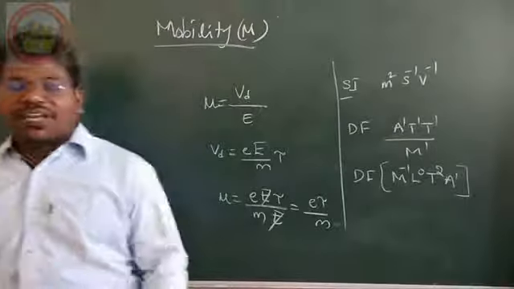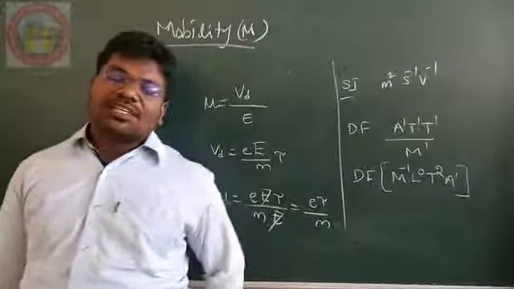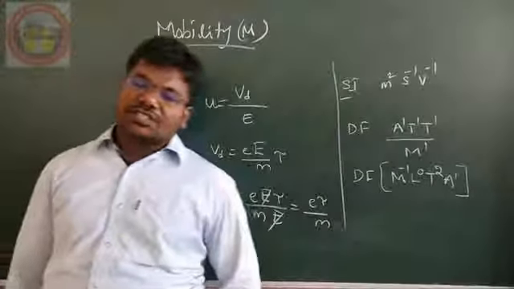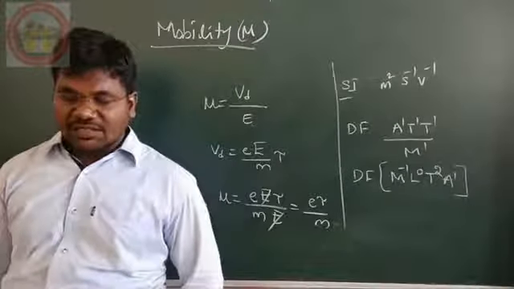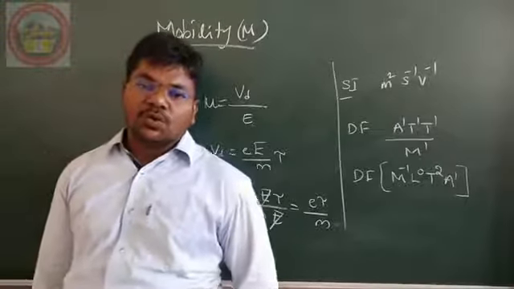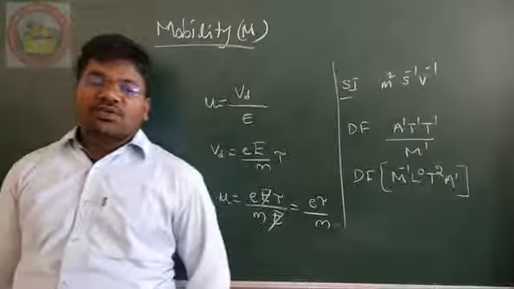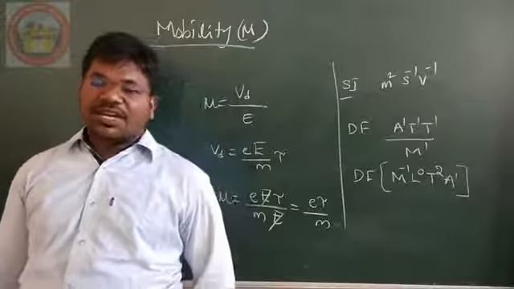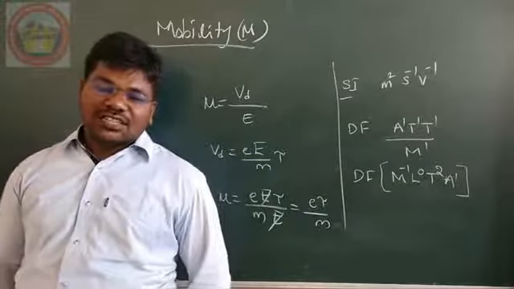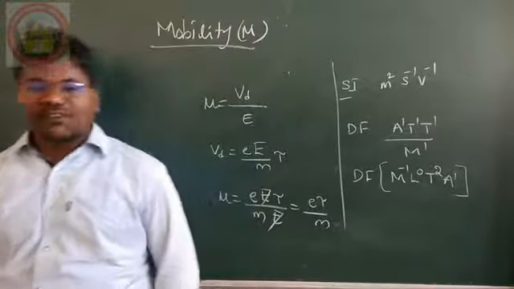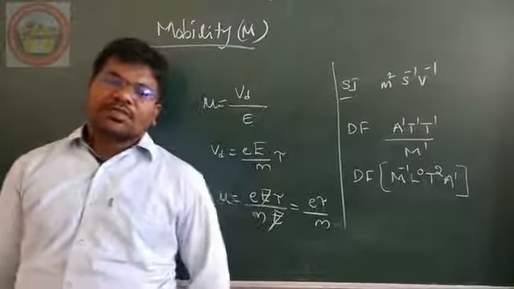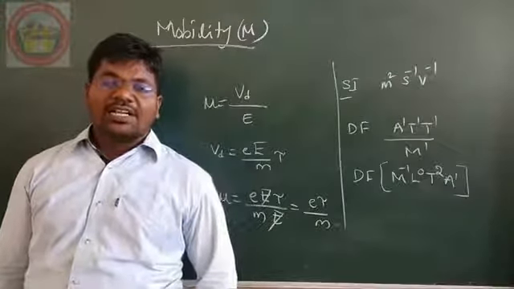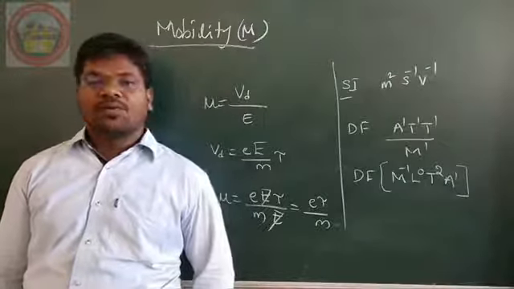Okay, so what is the definition of mobility? Drift velocity of charge per unit electric field. It is denoted mu. Mu is equal to Vd by E according to the definition. Okay, understand? Then what is the dimension formula? Very important one: M power minus 1, L power 0, T power 2, A power 1.